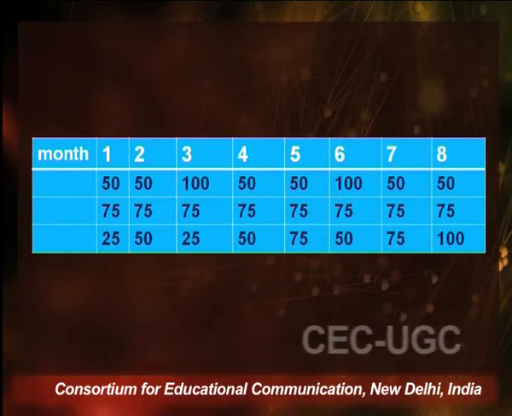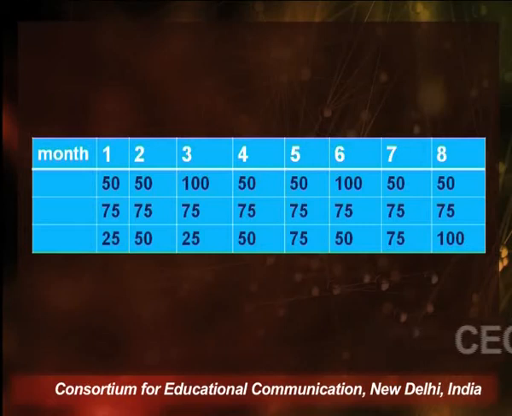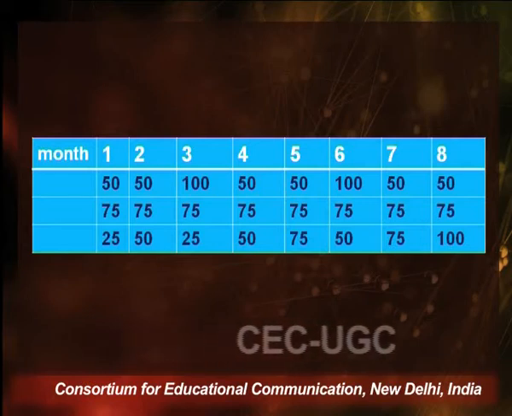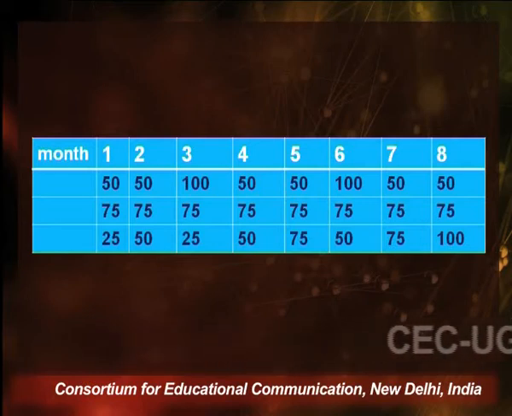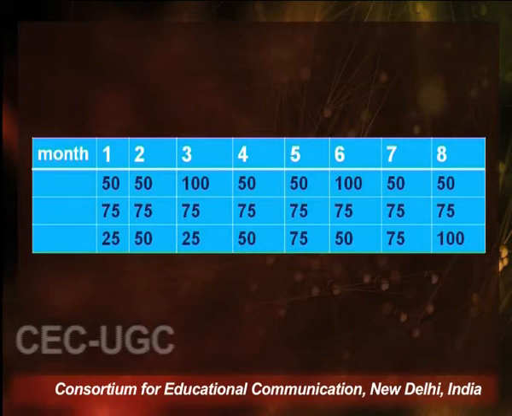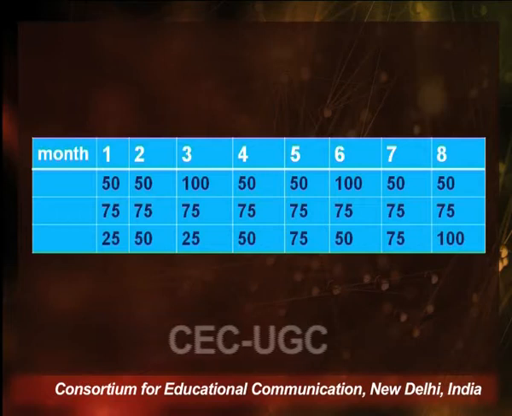Let us take the example of months 1 and 2, where the actual cost is 50 but the amortized cost is 75, while in the third month, the month of March, the actual cost is 100 while the amortized cost is 75.